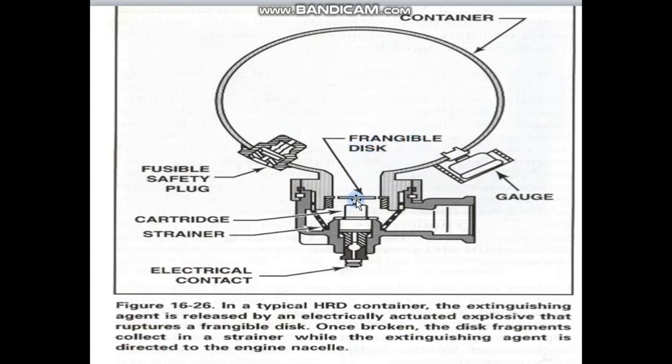When the frangible disc is broken, the halogenated hydrocarbon will discharge and go to the system to extinguish the fire. But if the temperature rises and the pressure increases inside the bottle, the fusible safety plug will melt and release the pressure from this area to prevent explosion of the container.